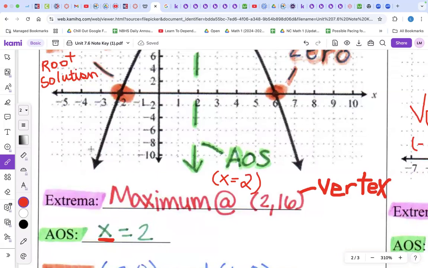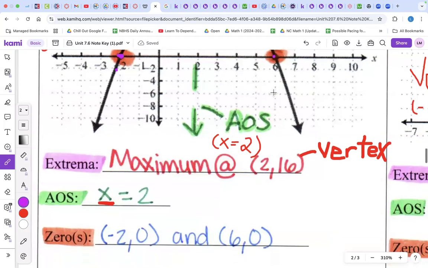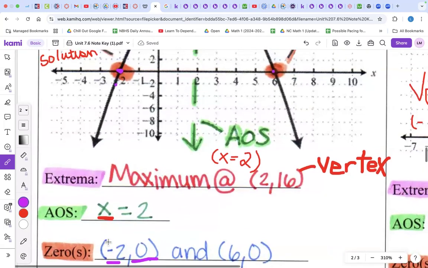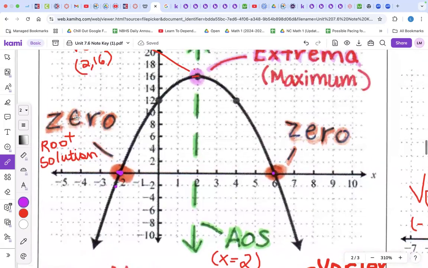It's crossing the line right here at -2, 0, and at 6, 0. You must write the whole thing. It's where it's crossing the line. All right? Okay, remember your extrema, axis of symmetry, and your zeros where it's crossing.